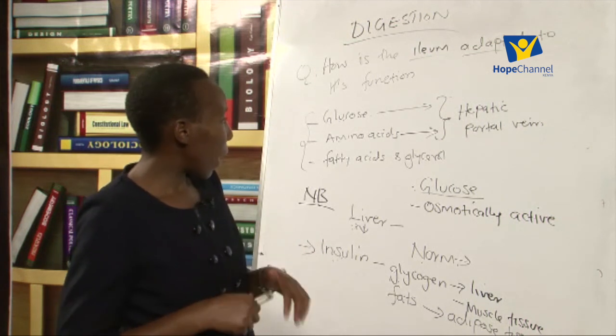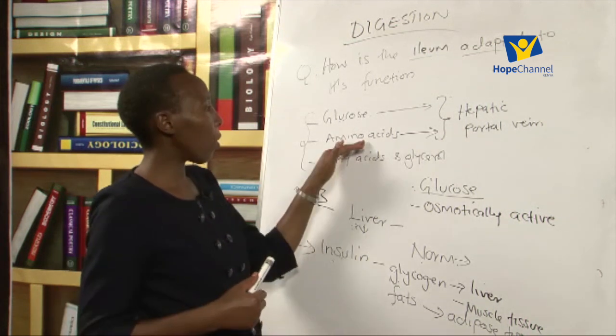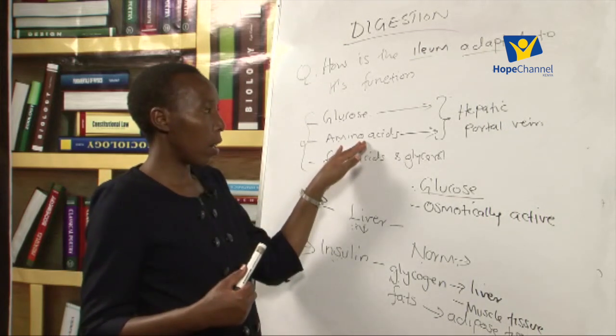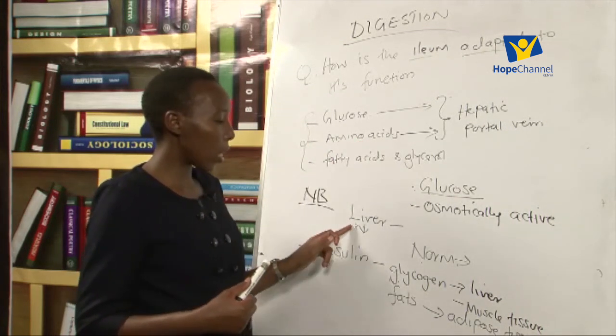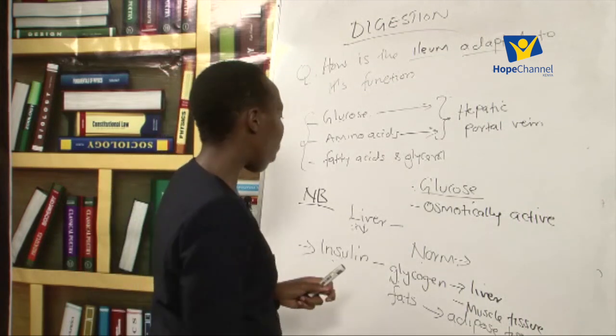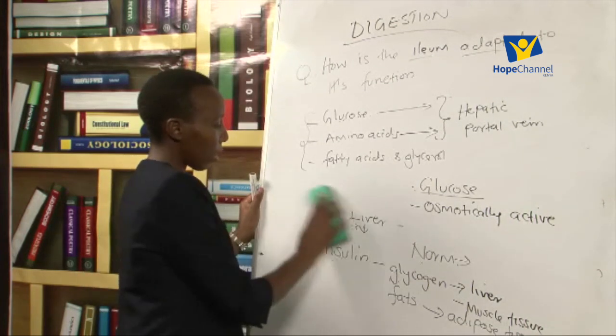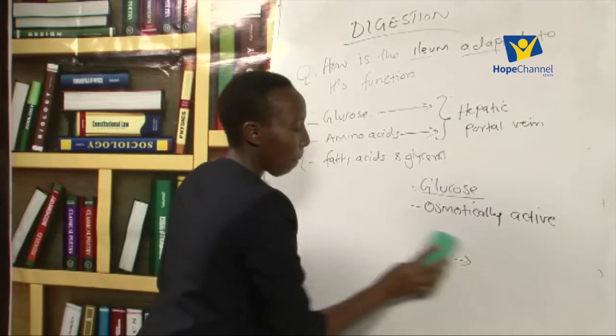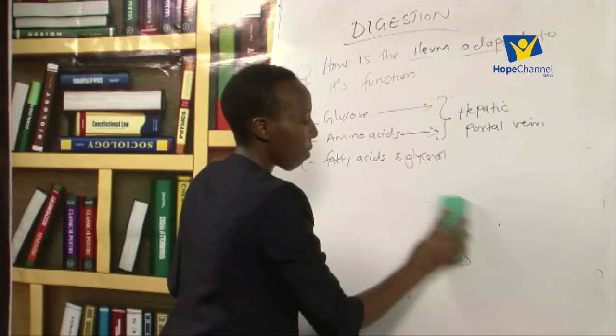Now, why should the amino acids also pass through the liver before they join the whole blood system? I hope now you've understood why the glucose must pass through the liver.